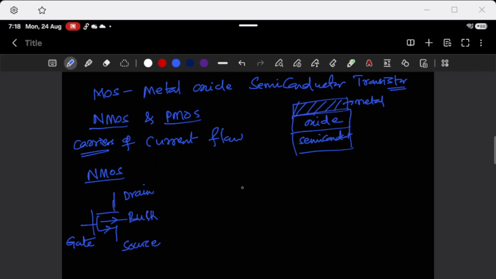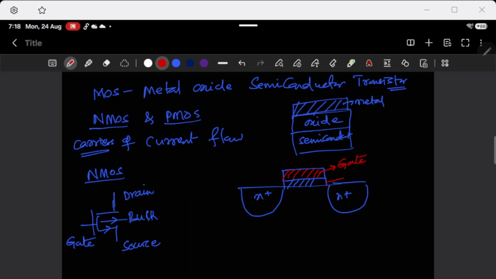If you look at the layout view of NMOS, it is built using two N diffusion layers and our structure: this is our gate, this is our SiO2, and this is our source and drain. It is built in a P substrate.